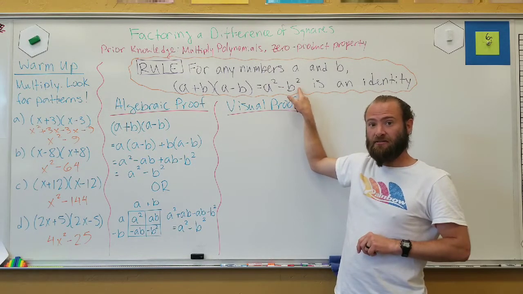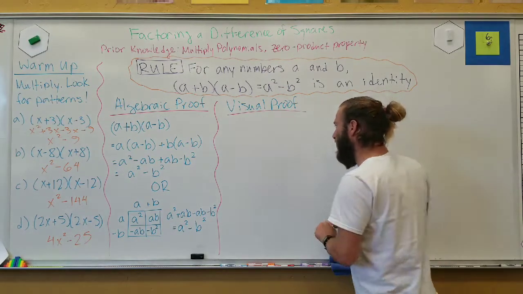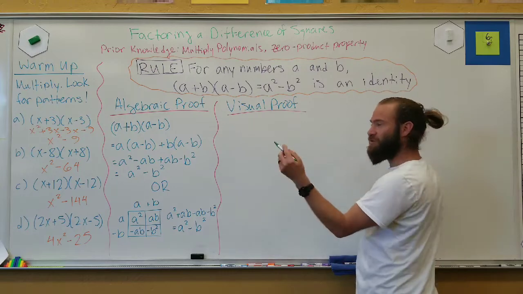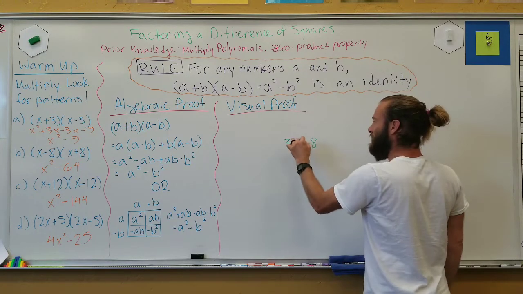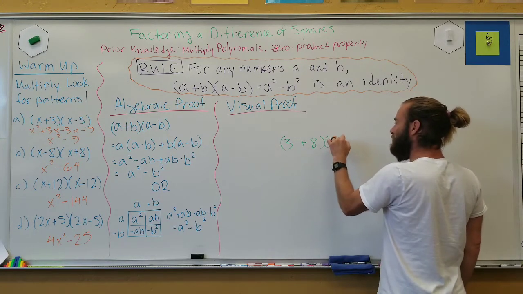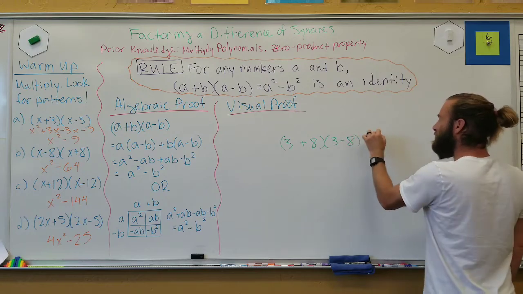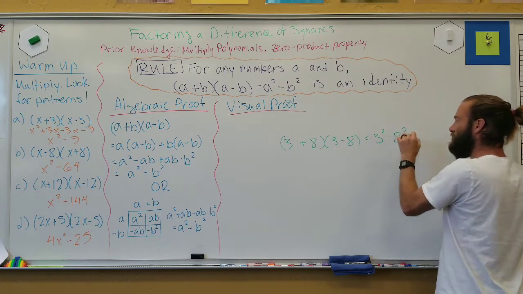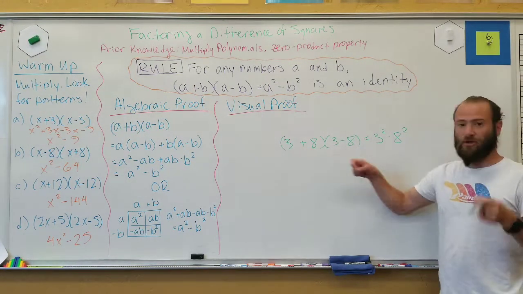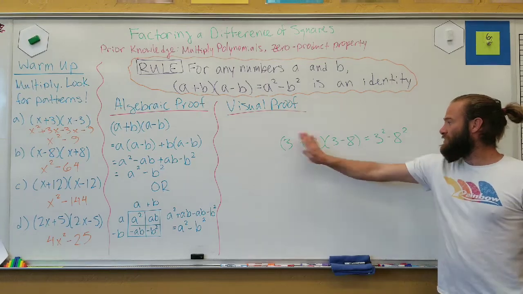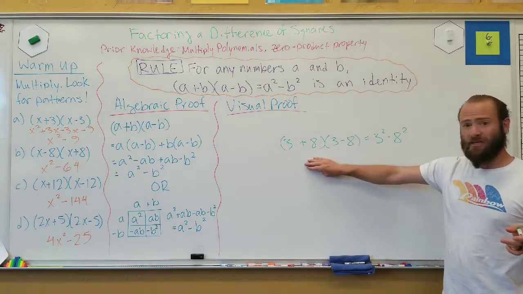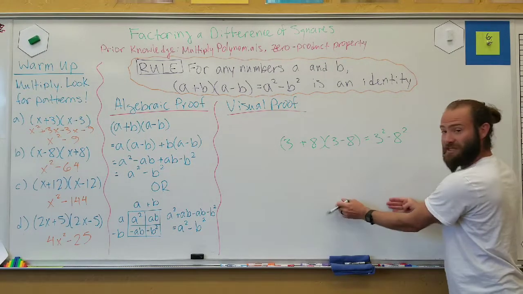That makes sense? Okay? So just as a quick thing, let's actually use numbers. Think of two numbers. Let's say 3 and 8. If I do 3 plus 8 times 3 minus 8, that's going to be the same as 3 squared minus 8 squared. That's all we're saying. Any two numbers you can pull out of your head, if you actually did this calculation separately, this one and then this one, you're always going to get the same thing.